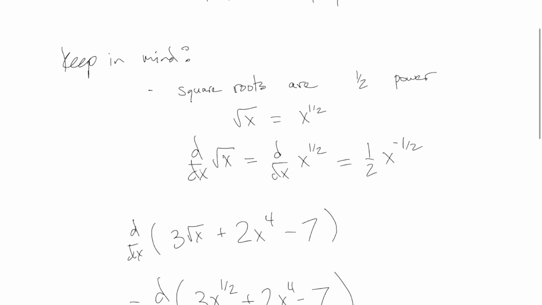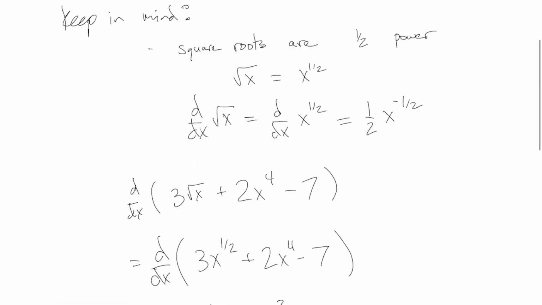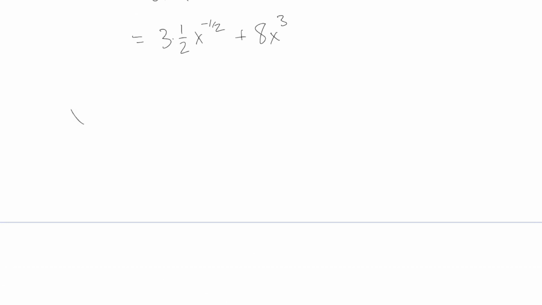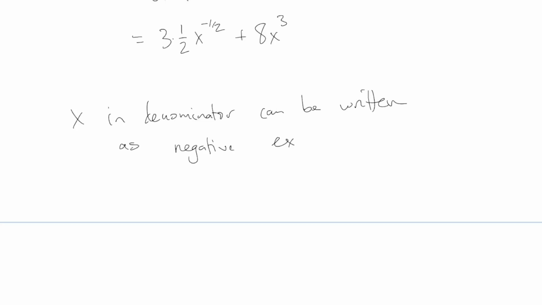Okay, one other thing. I said I have two things to keep in mind. The first is that square roots are 1/2 powers. The other is that x in denominators can be written as a negative exponent.